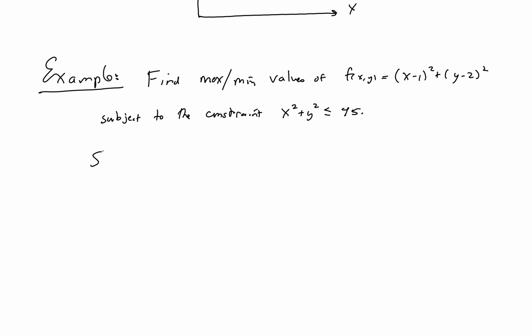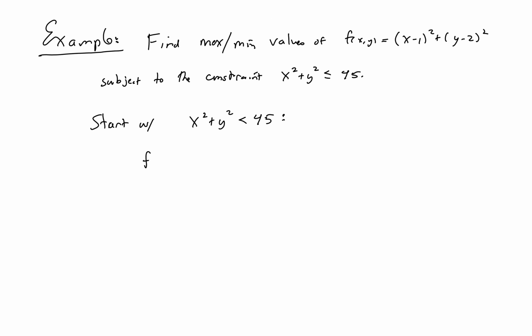Okay, so let's start with x squared plus y squared less than 45. The nice thing is we're not actually going to have to use the second derivative test, because just like in the one variable case where we found all of the critical points and then checked the edge points as well, and took the biggest and smallest as the absolute maximum and absolute minimum, we do essentially the same thing here.